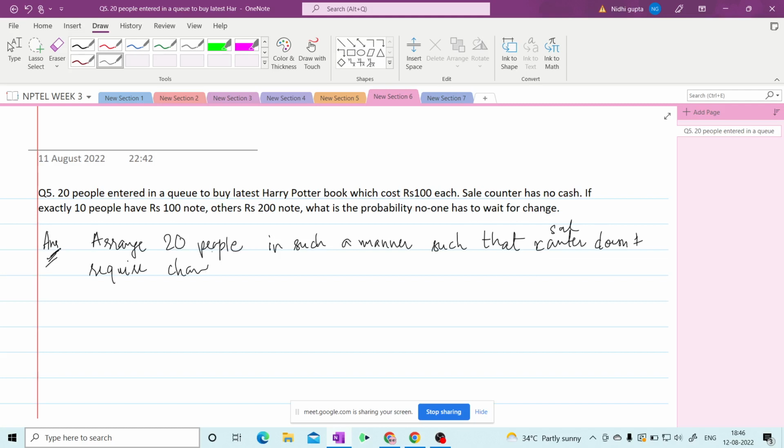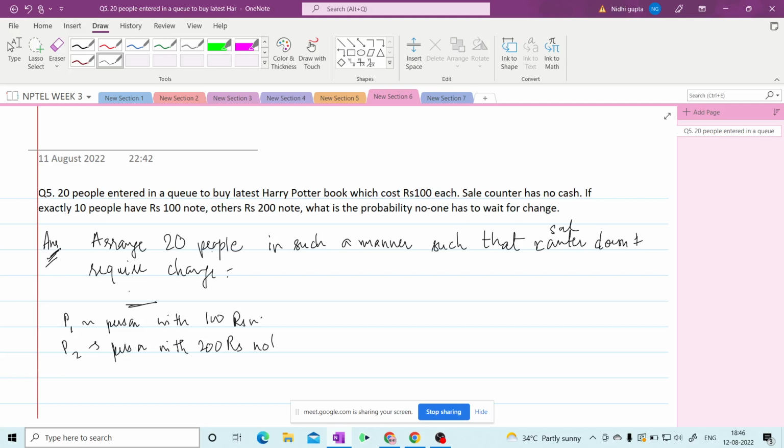So how can we do that? If at the first position there is a person with a 100 rupee note, I am calling a person with a 100 rupee note P1, and a person with a 200 rupee note P2.